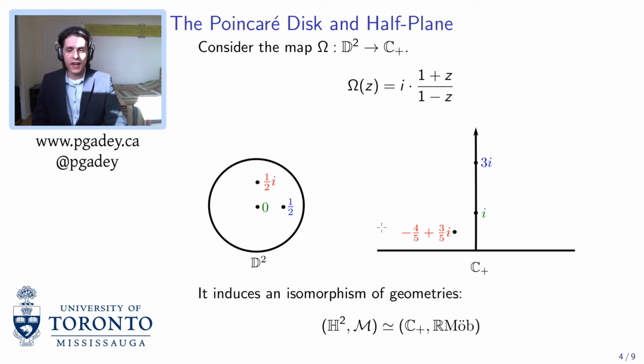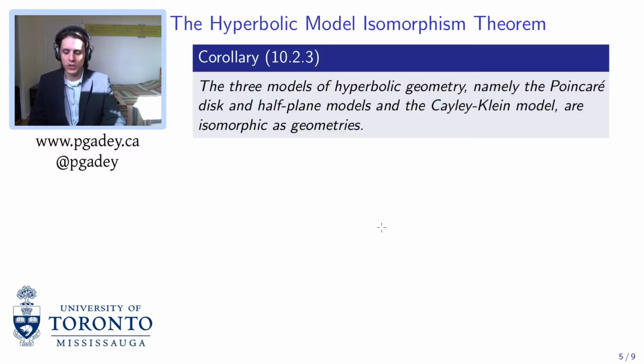This induces an isomorphism of geometries, that H2 with its group of transformations is isomorphic as a geometry to the upper half plane with the real Mobius transformations. So what do we have? We have this incredibly beautiful theorem to end our course with: the three models of hyperbolic geometry.